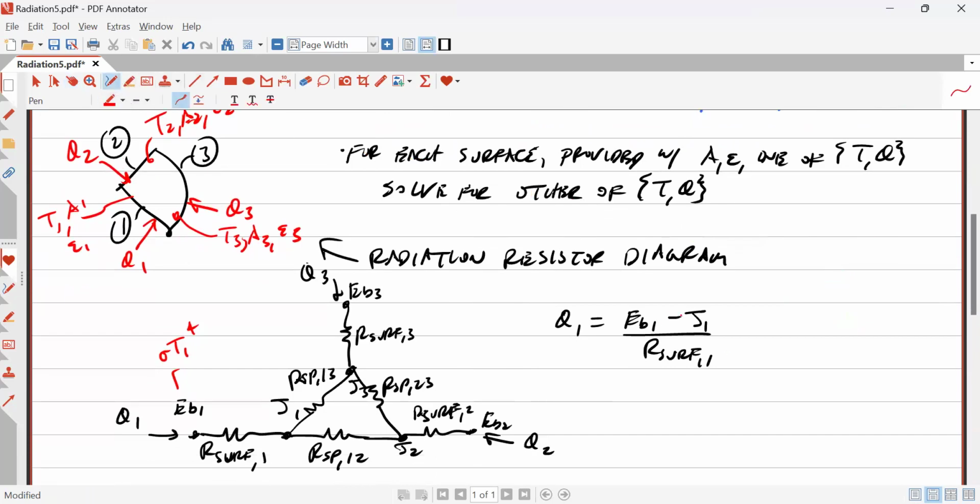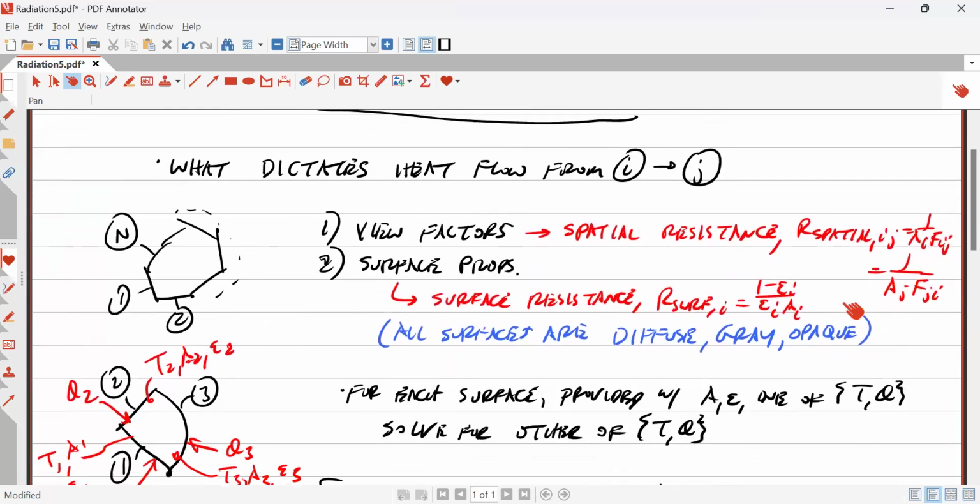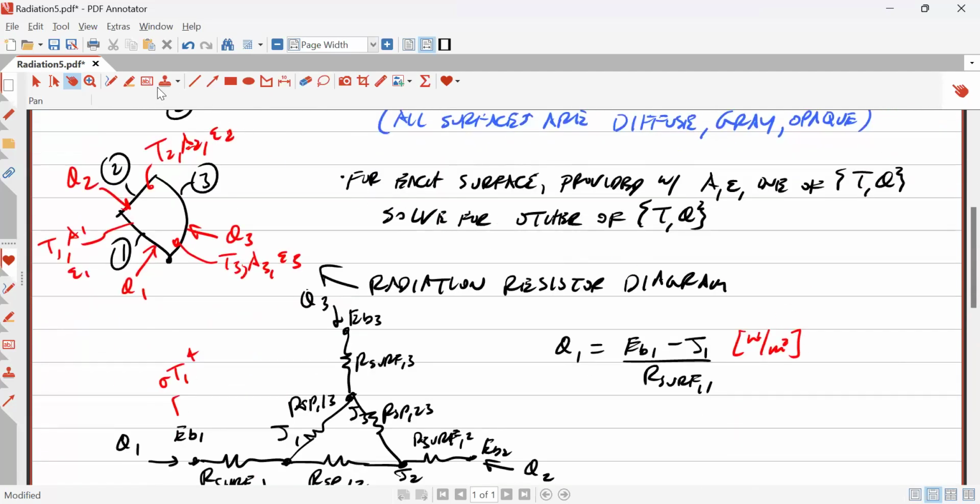Both EB1, the black body emissive power, and the radiosity are heat fluxes, so we'll say this is watt per square meter. And the resistances, if you go up here, the surface resistance, the emissivity is dimensionless, so you end up with 1 over A. So it's just going to be 1 over meter squared.